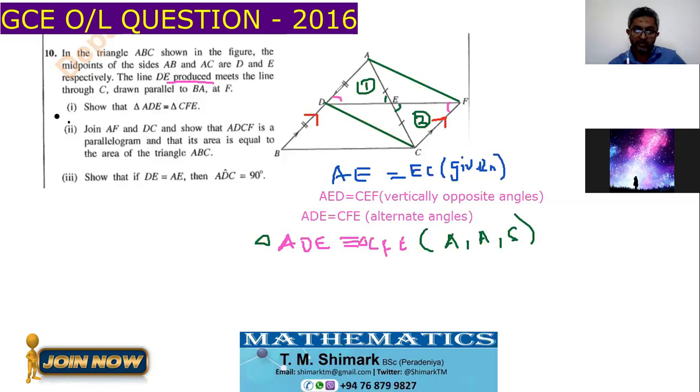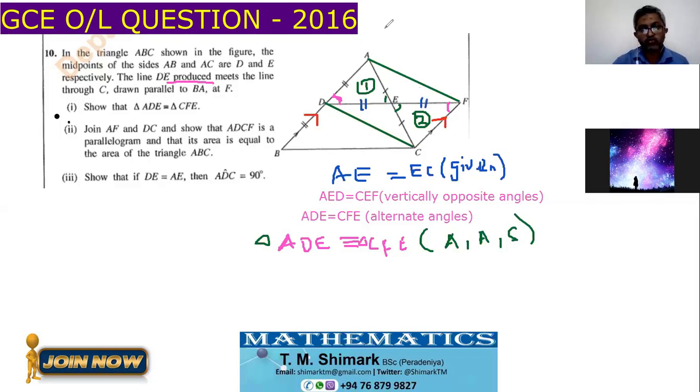So the remaining ones will also be equal. The important information is here: this one and this one will be equal, that one and that one will be equal.